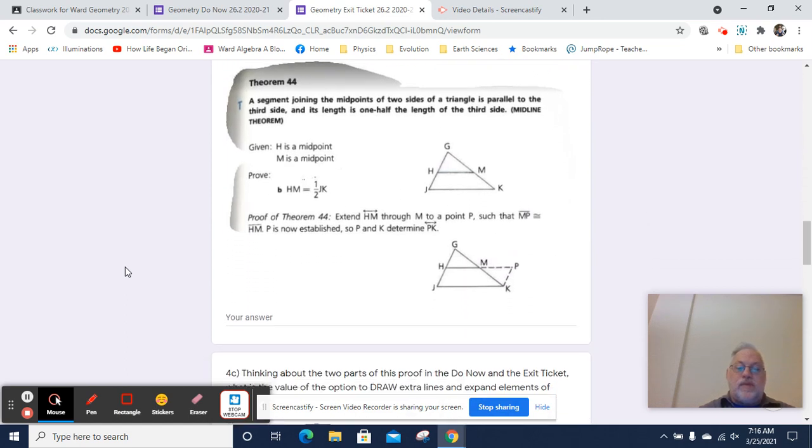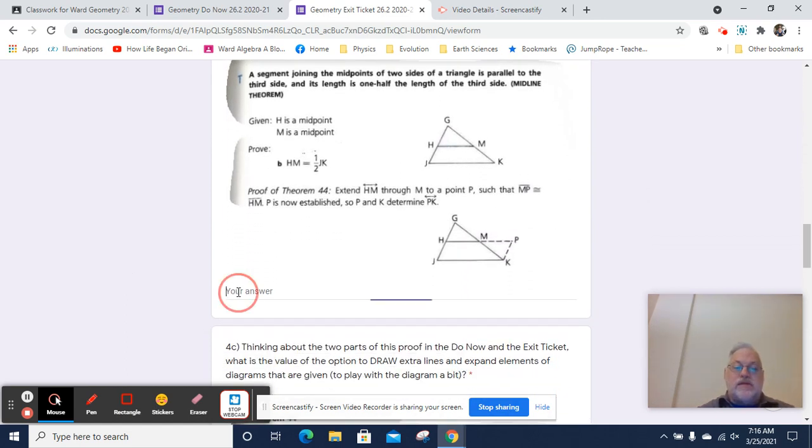So what we can say is, by division, or we can say M is the midpoint of HP. So HM is 1/2 the measure of HP by definition of a midpoint.